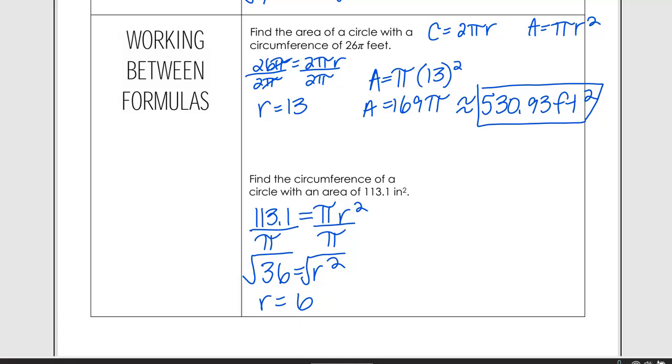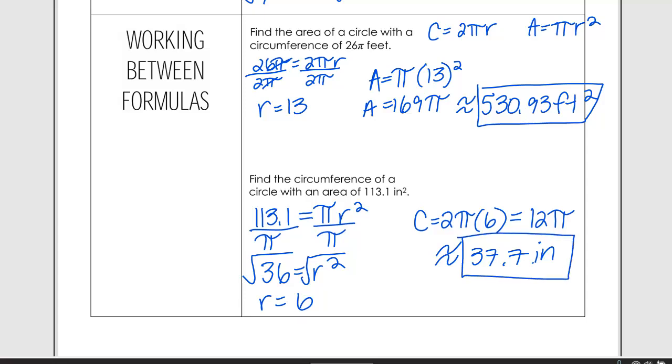So our radius equals 6, and now we can find our circumference. Our circumference is 2 times pi times our radius, which means that our circumference is 12 pi. Into our calculator, we get 37.7, and our unit of measurement is inches. And there's our answer.